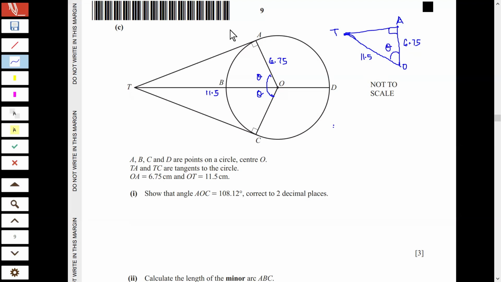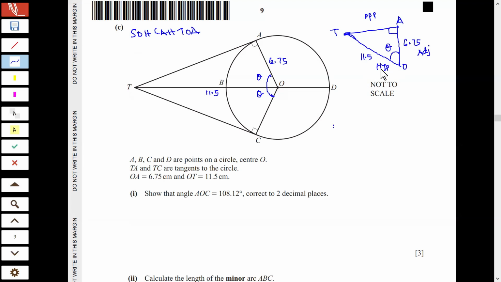Now to calculate angle theta, you have to think about SOHCAHTOA. To apply sine, opposite over hypotenuse, opposite has to be given, and hypotenuse also. Here we have opposite, hypotenuse, and adjacent.